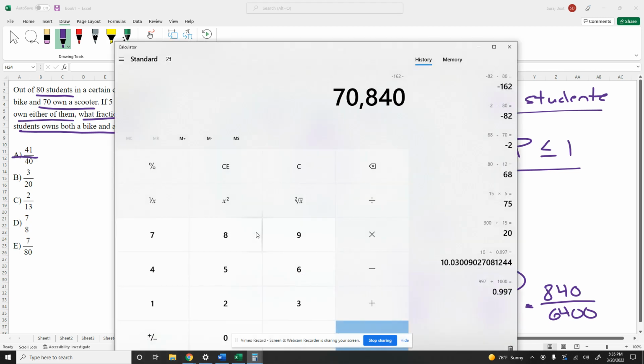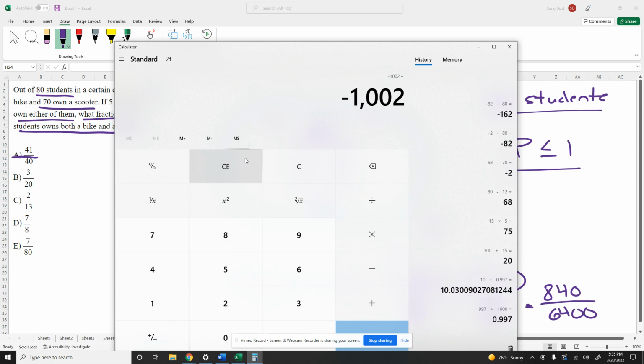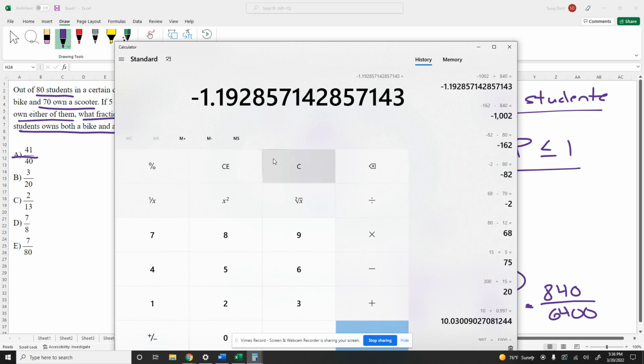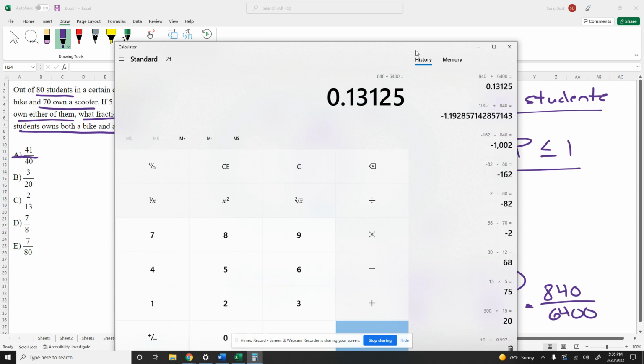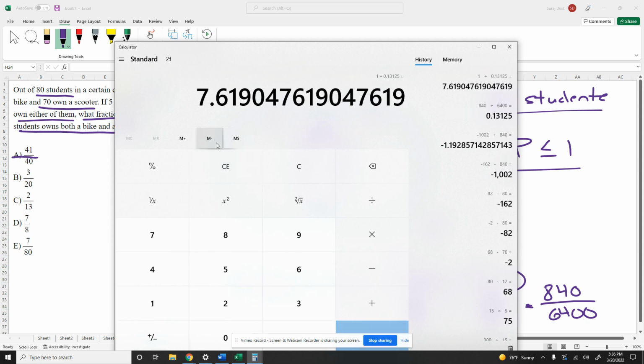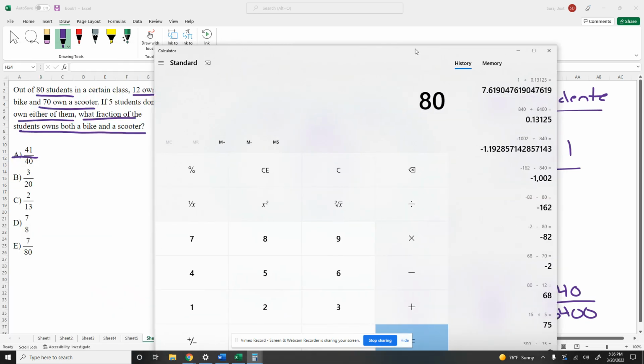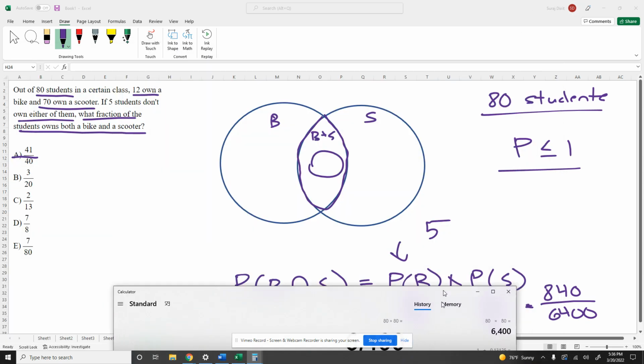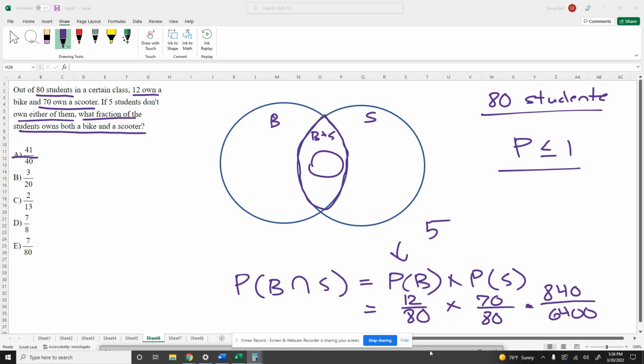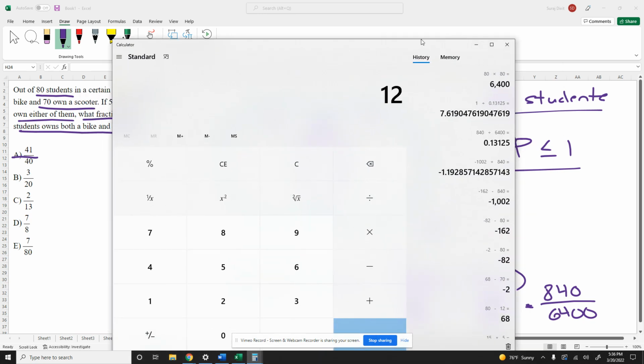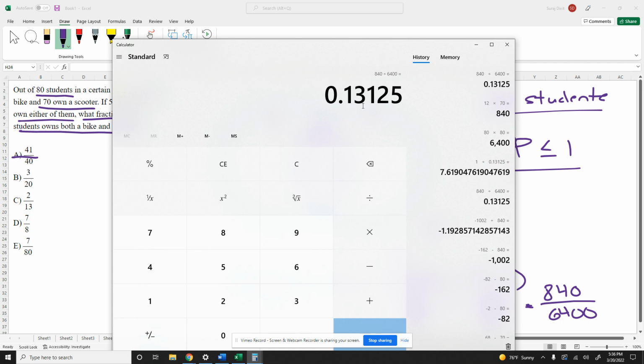Okay, now, so 0.13125. Really? Okay, hold on. 80 times 80 is 6,400, and then you have 840, 12 times 70. 840 divided by 6,400 is 0.13125.